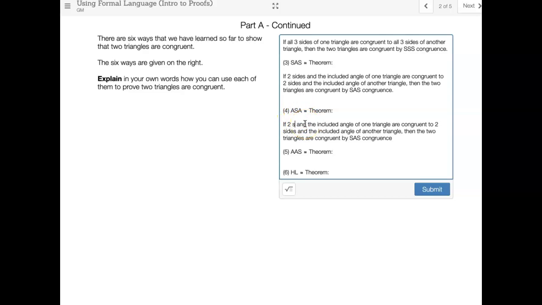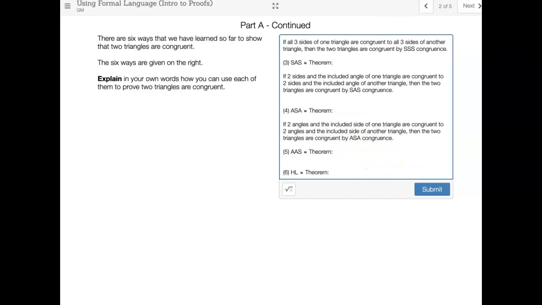So if two angles and the included side of one triangle are congruent to two angles and the included side of another triangle, then the two triangles are congruent by angle-side-angle congruence.